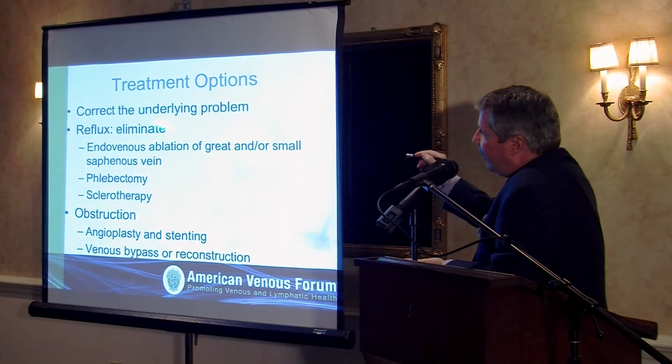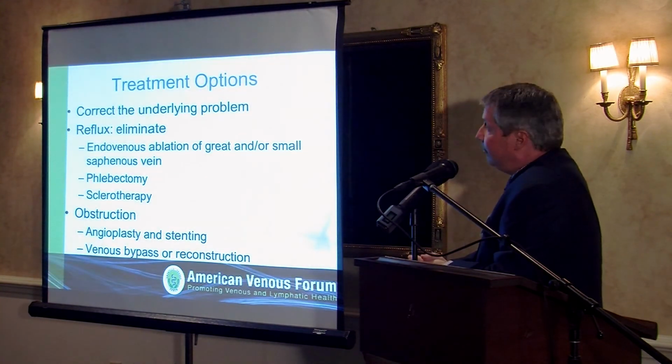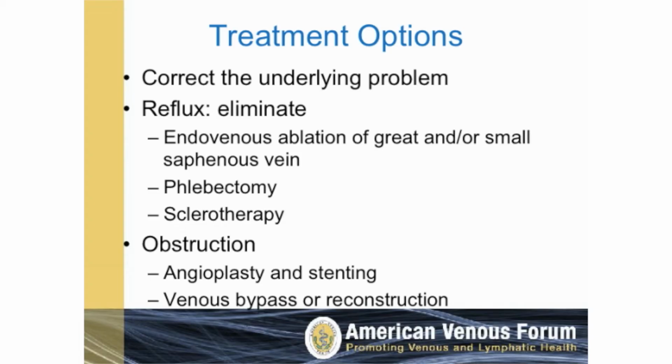So you need to correct the underlying problem, the venous hypertension, if there's reflux, and these patients all need a thorough ultrasound exam. The ultrasound can look at the superficial system, the deep system, the perforators, and if there's reflux, you can eliminate that with ablation, surgery, or sclerotherapy.